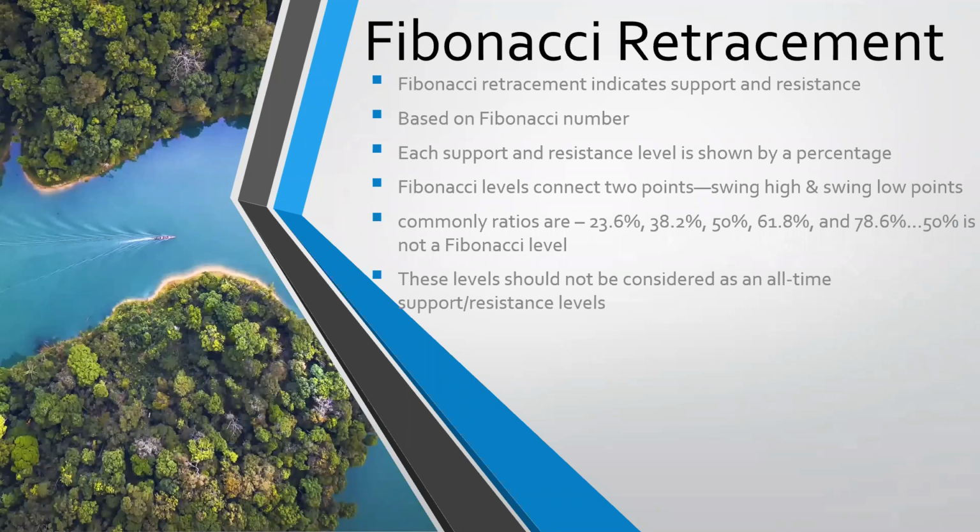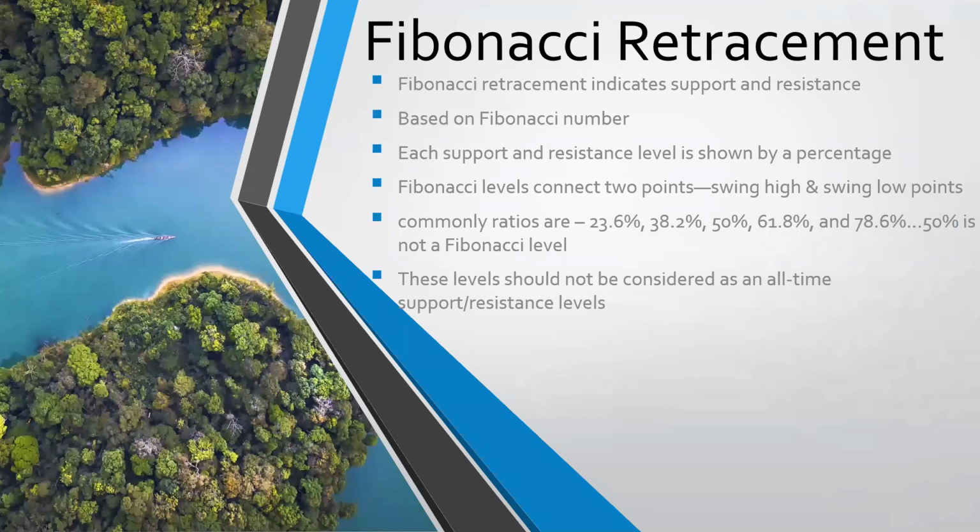And the common ratios, as we just saw, are 23.6, 38.2. Generally 50 is not a Fibonacci level, but it gets included in there. I'll show you in a minute how you can check the boxes to show which percentages you want to see on your Fibonacci retracement.